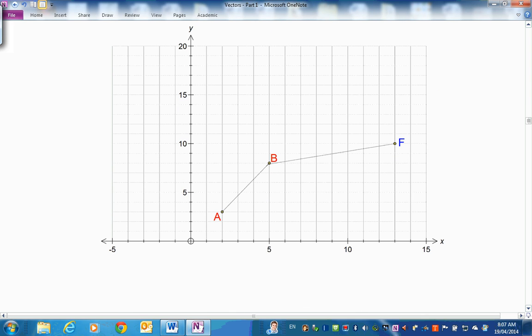What have I done? I've put AB and then after that I put BF. I think they say head to tail or something like that in physics. I don't like that much myself, but it works.